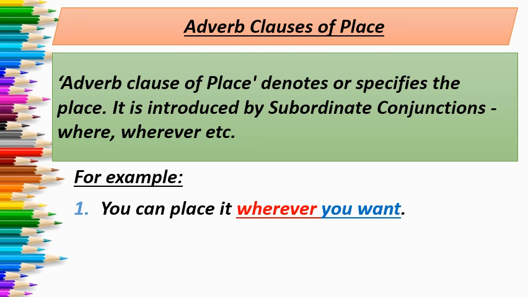Now, why is this clause called an adverb clause of place? Because here this complete clause is giving us information about the verbal phrase, that is can place, and is telling us where the action can happen.